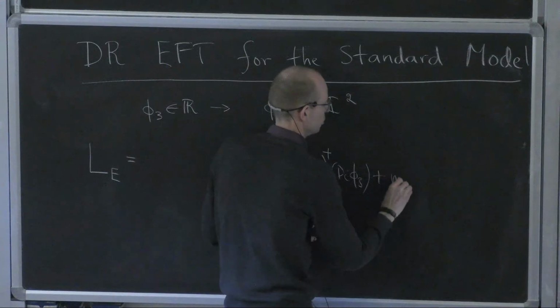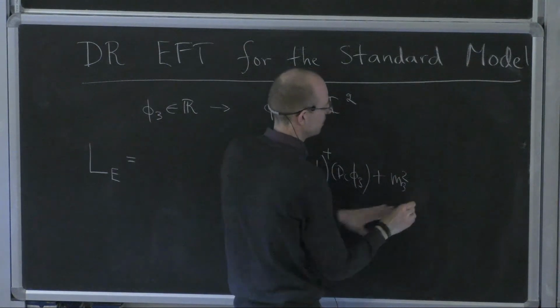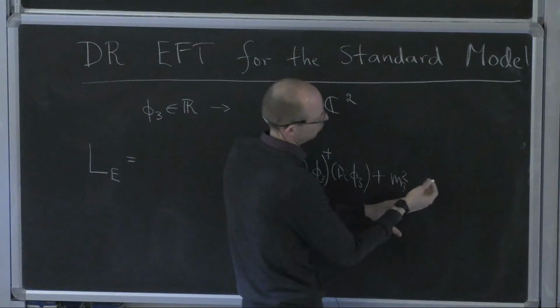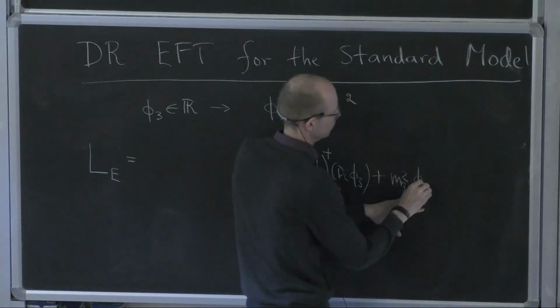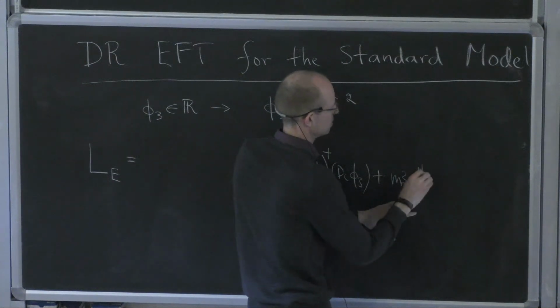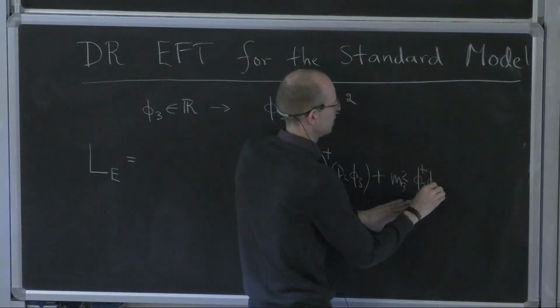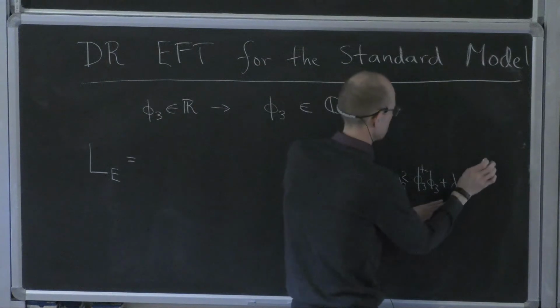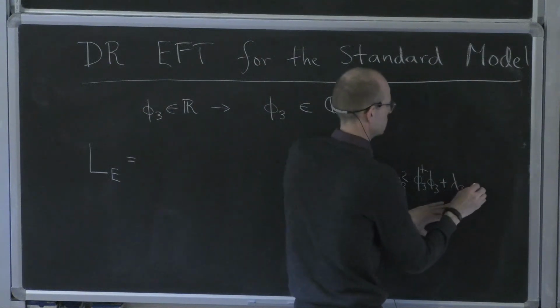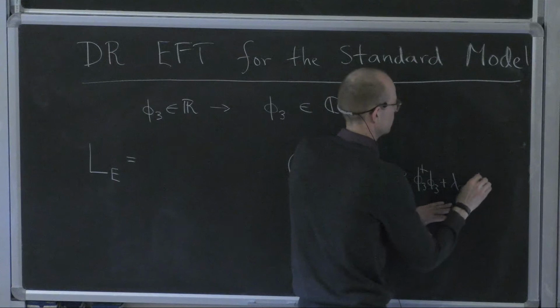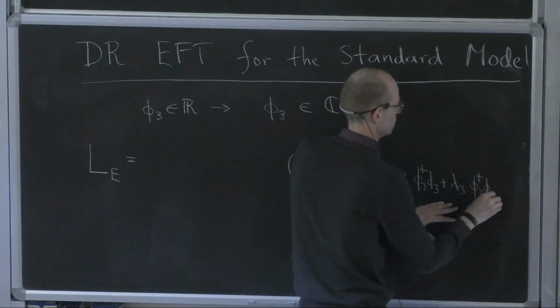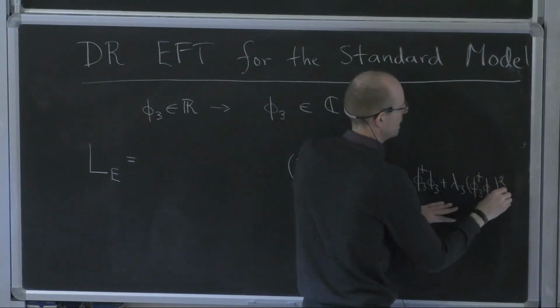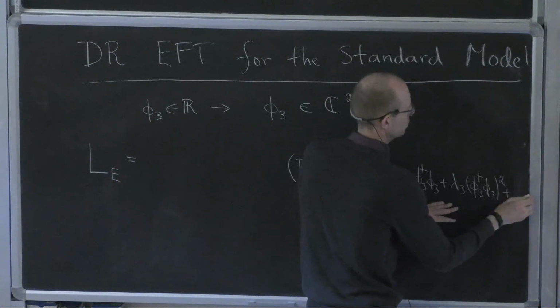But then the mass term is basically the same, but with complex fields one conventionally normalizes them differently, without these factors of 1/2, so then it's just phi 3 dagger phi 3. And then there's again a coupling lambda 3, phi dagger phi squared. And again, there are higher dimensional operators.